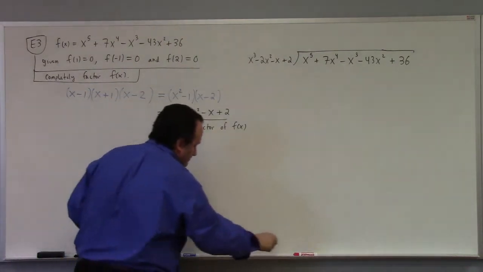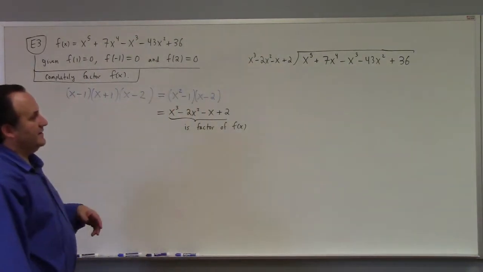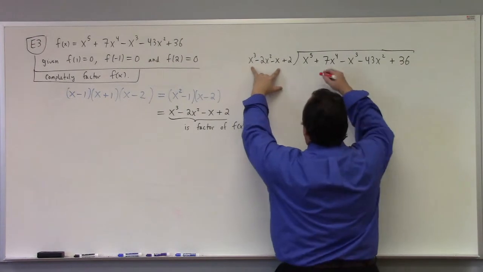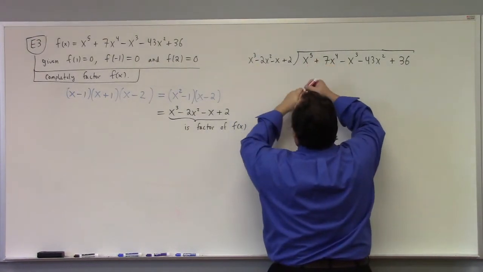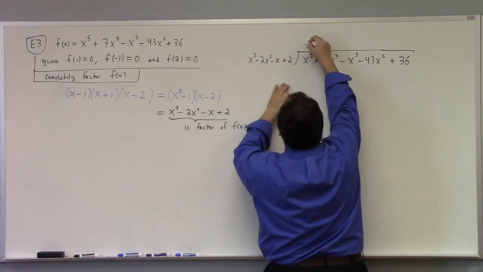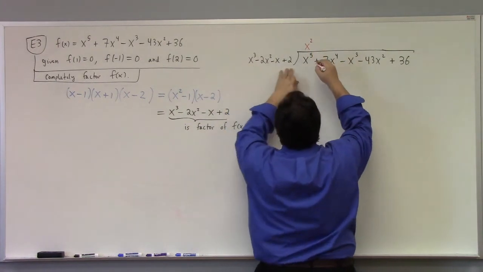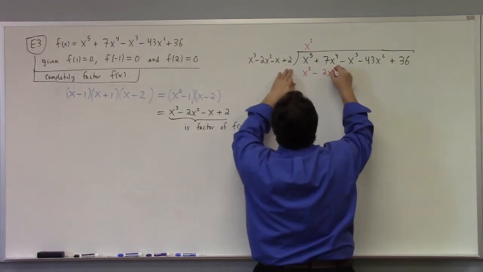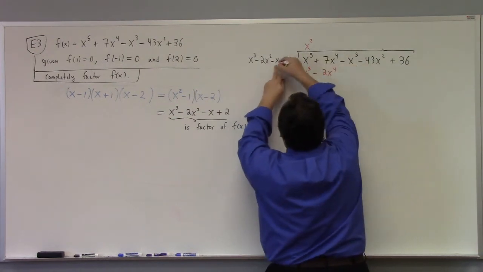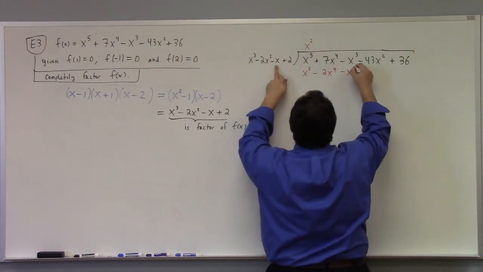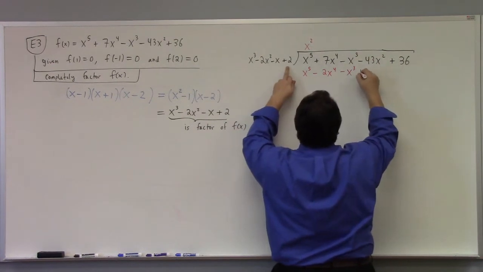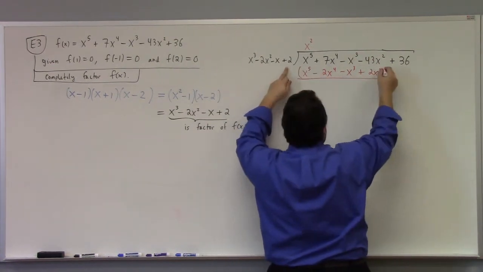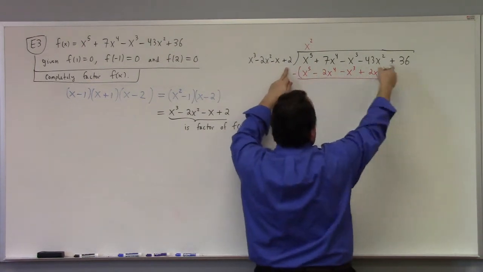I'm going to divide that in there. Okay, so typical color coding. I think about, what do I need to multiply this by to get x to the 5th? Well, I need x squared up here. X squared times this gives me x to the 5th minus 2x to the 4th. X squared times that gives me minus x cubed, and then plus 2x squared. All right, so I have to subtract those from the one we're dividing into.